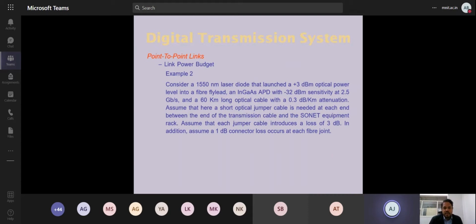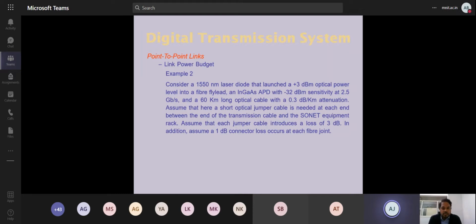Plus 3 dBm is the power from the transmitter into the fiber connector, so this is PS, and the APD has a receiver sensitivity of minus 32 dBm. So this is PR. So 3 minus of minus 32 is the total power loss which is allowable. That comes to a total of 35 dB.